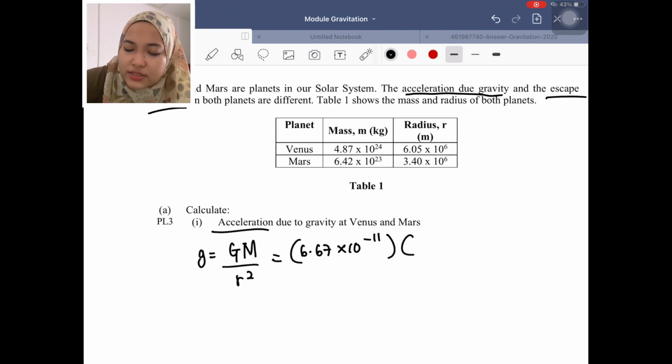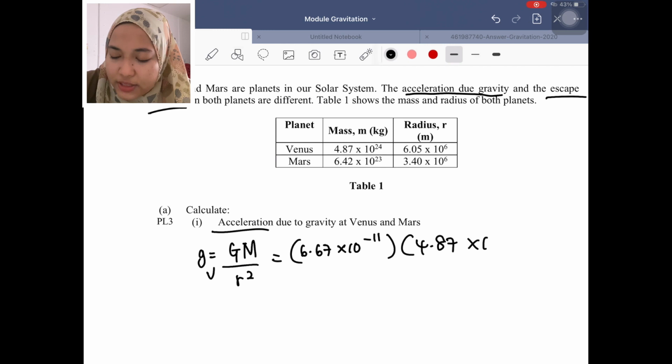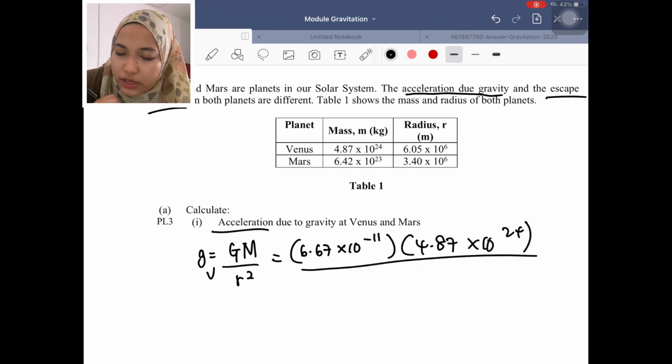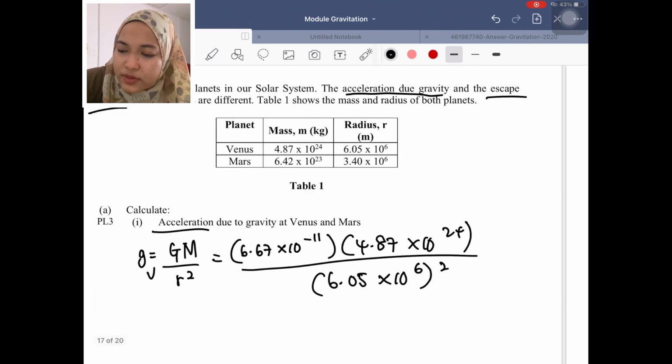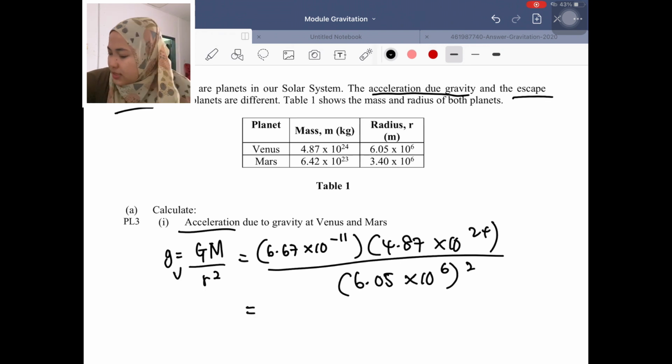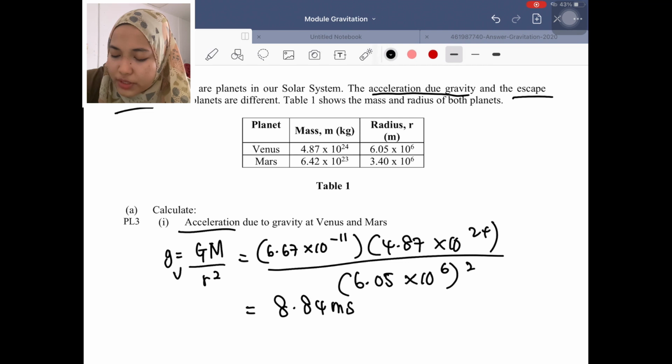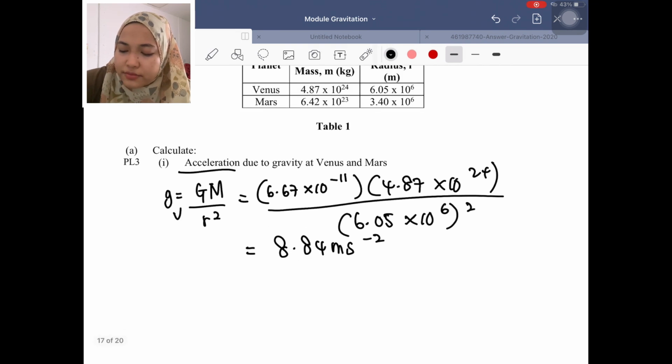So the first one we wanted to calculate for the Venus, so G for Venus. Okay, so mass dia 4.87 times 10 power of 24, and the R is 6.05 times 10 power of 6 squared. So we got the answer for this one, 8.84 meter per second squared.